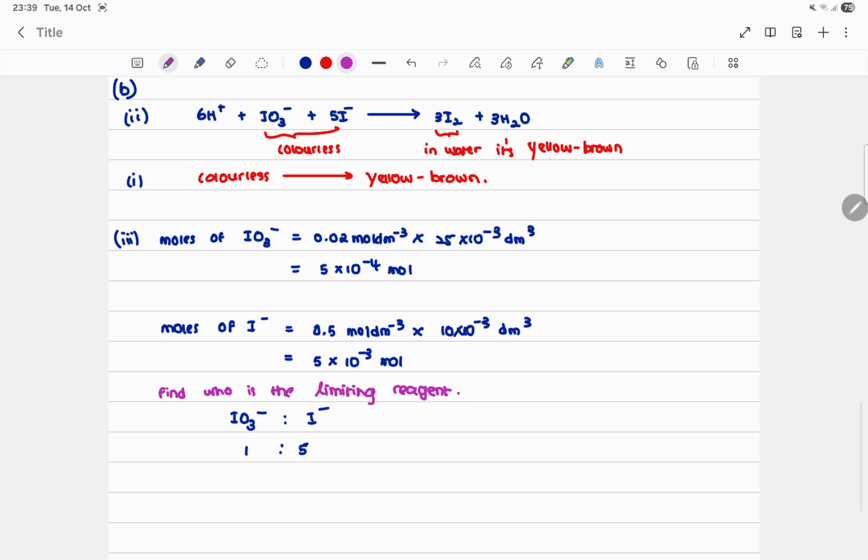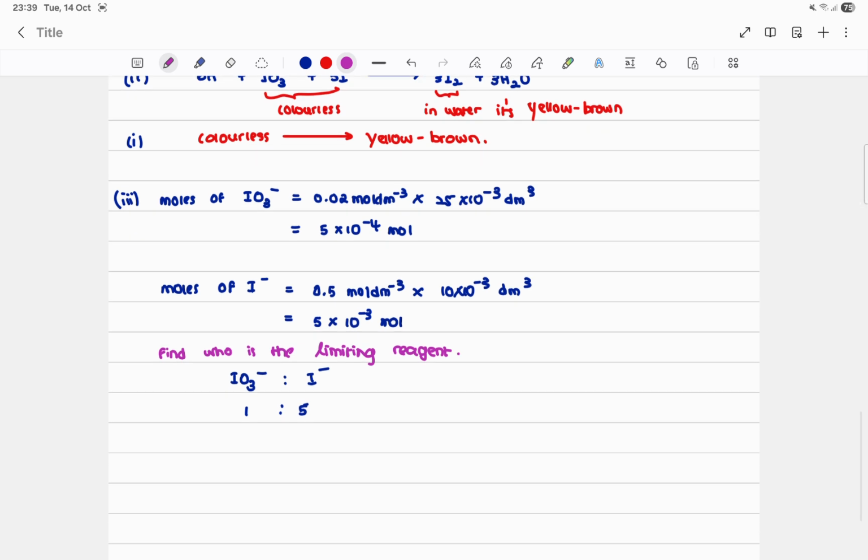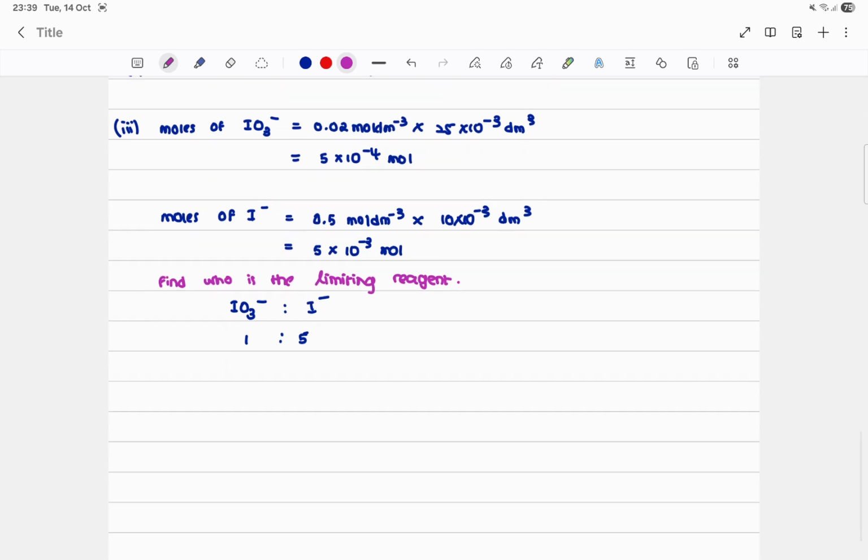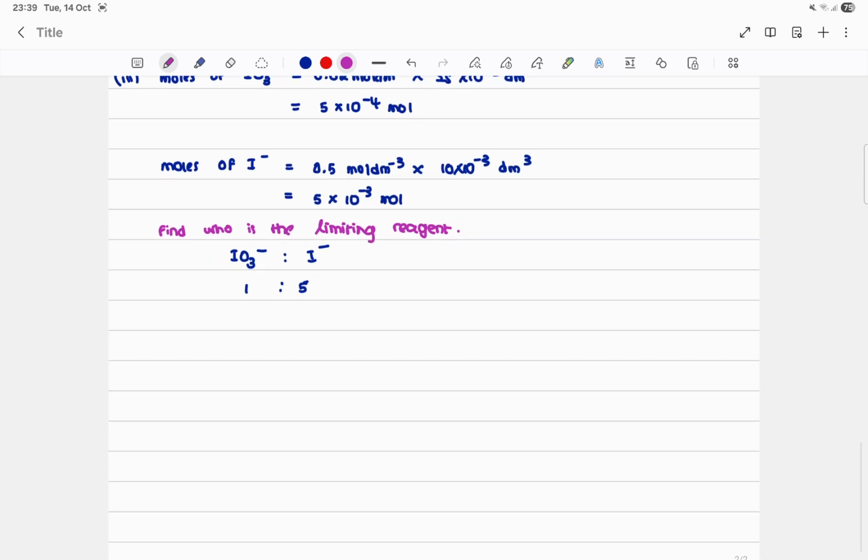We have 5 times 10 power minus 4 moles of IO3 minus.